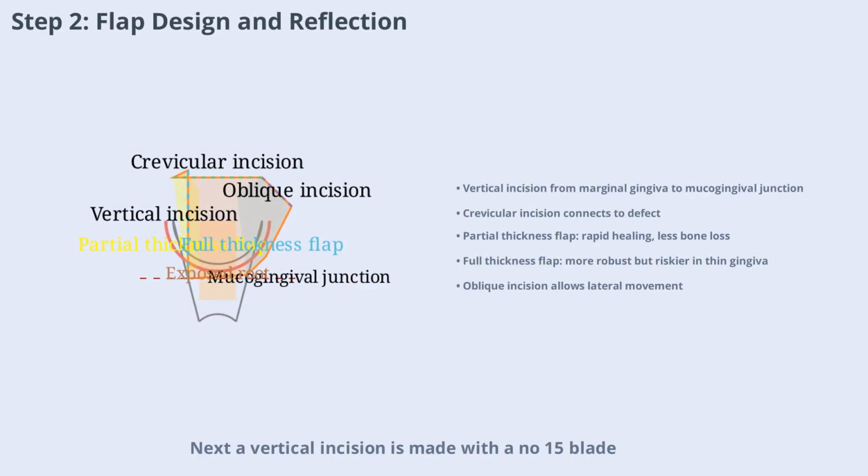Next, a vertical incision is made with a No. 15 blade, extending from the marginal gingiva into the mucogingival junction. A clavicular incision connects the vertical incision to the defect. The flap is then raised, utilizing either partial thickness or full thickness reflection.